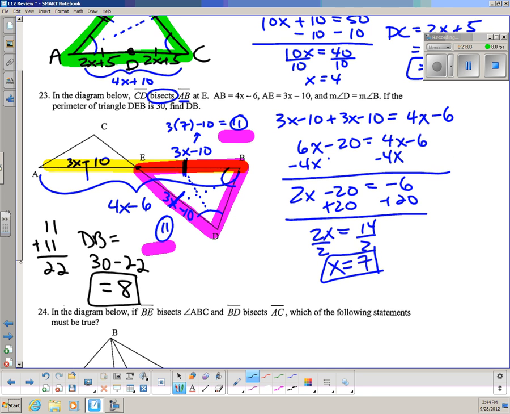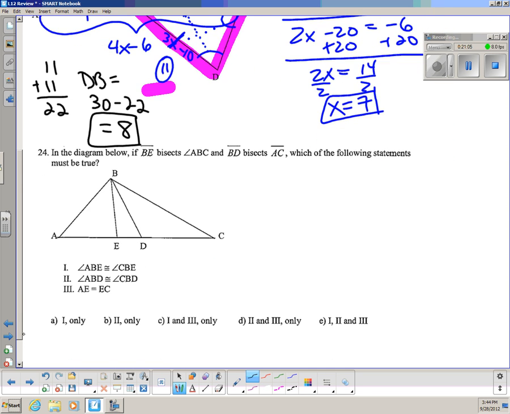All right, 24 says in the diagram below, if BE bisects angle ABC. So I'm going to draw this a little differently. I'm going to draw just BE here. This is E. This is B. It's bisecting angle ABC. So what I know by that is a bisector cuts the angle into two equal pieces.